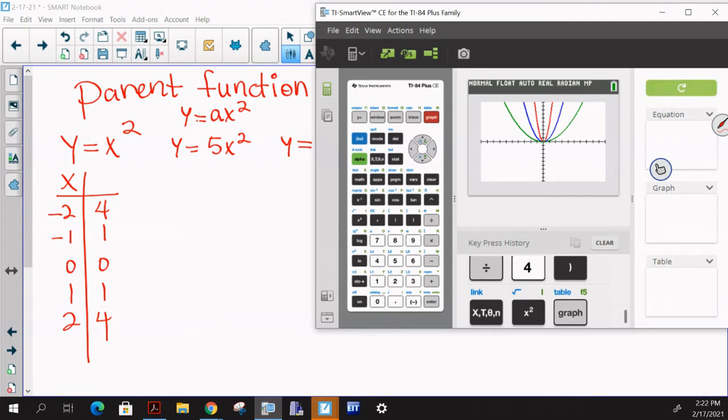So it compresses that parabola. Well, that's really an important thing because it's a predictor. It kind of tells us what the graph is going to look like. In fact, we can use it to graph them quickly and easily based on what is that value of A, how does that change the graph.